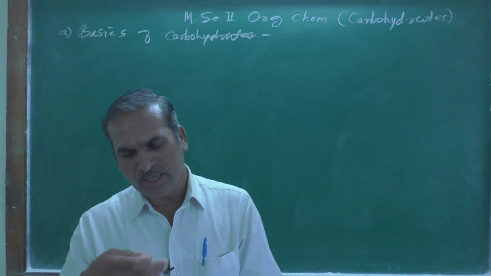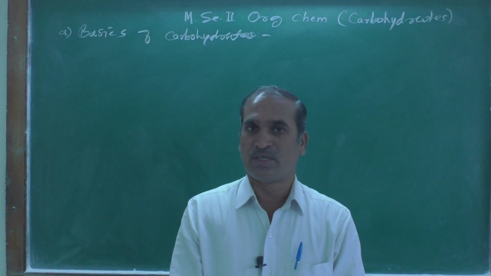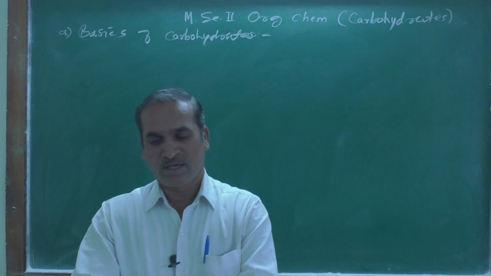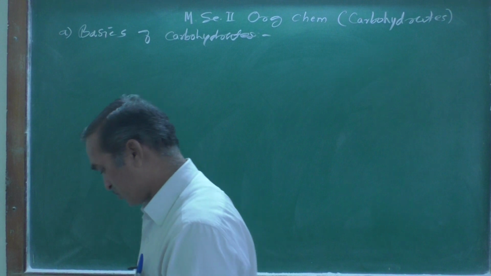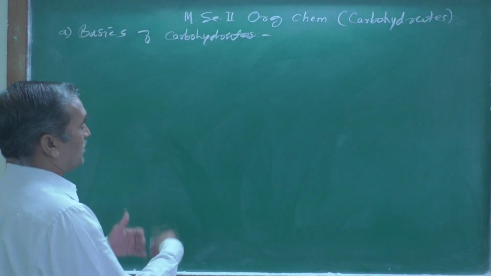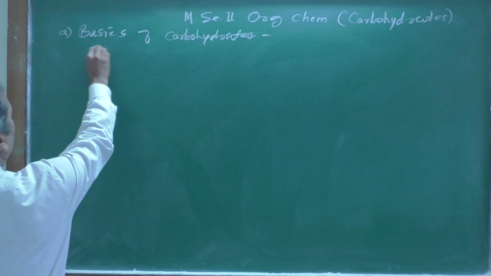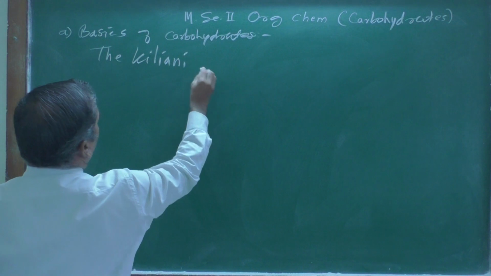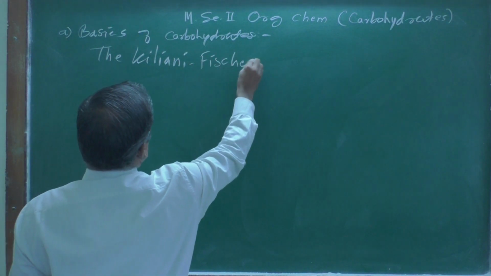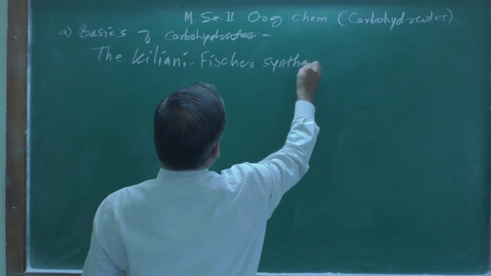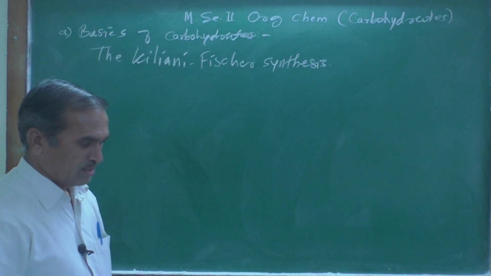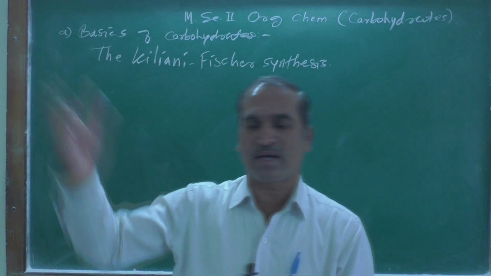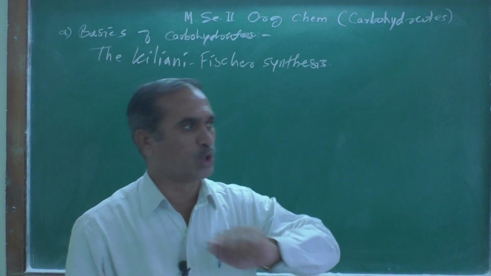Now, lengthening of the carbon chain of the aldoses. The Kiliani-Fischer synthesis is what we are going to see here, because this is the method used for lengthening the carbon chain of the aldoses.